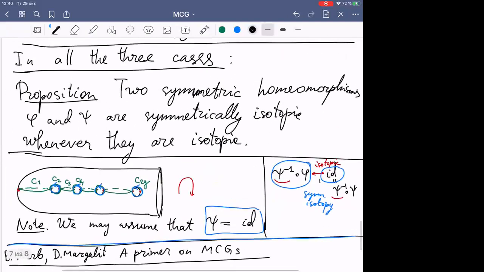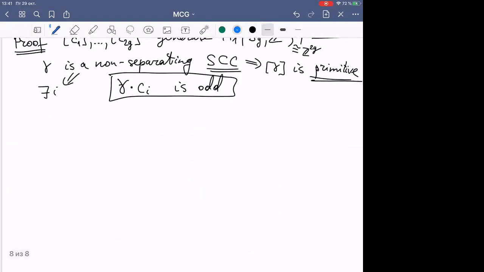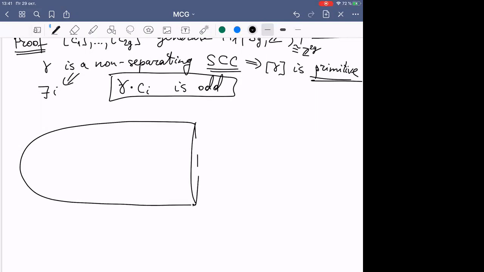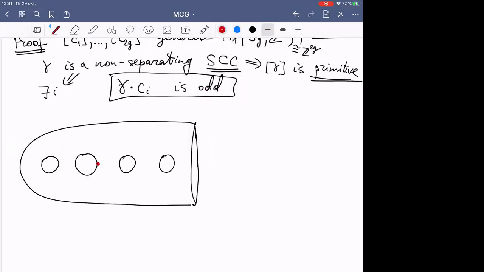Okay, and now look. We may make all our curves smooth and intersecting transversally. This is not a restriction. Suppose that we have a fixed point.